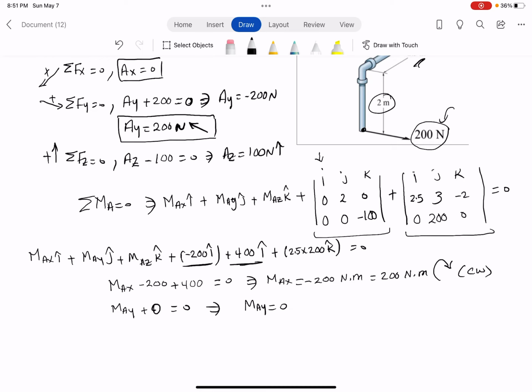And then the last one, MAZ. And there is 2.5 times 200. 2.5 times 200, it is plus 500 equal to 0.